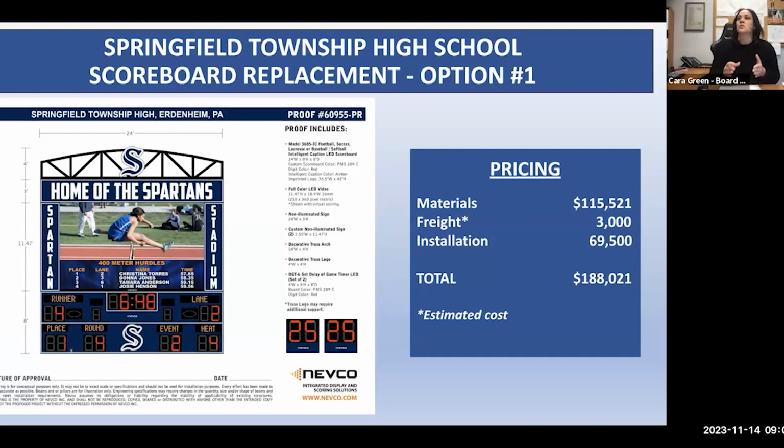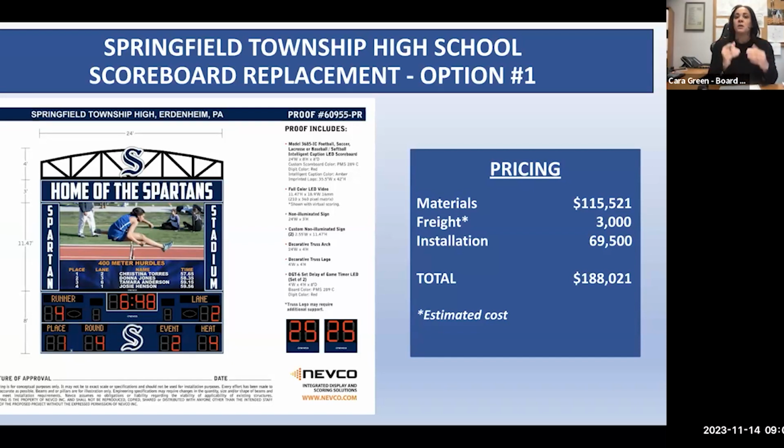So we didn't want to just replace it with the same old scoreboard that we purchased 11 years ago. We need to see what's upcoming in athletics, in education, and how scoreboards are used and the different functionalities that we have. So this is the format that we're looking at, is to install a scoreboard with a video component.